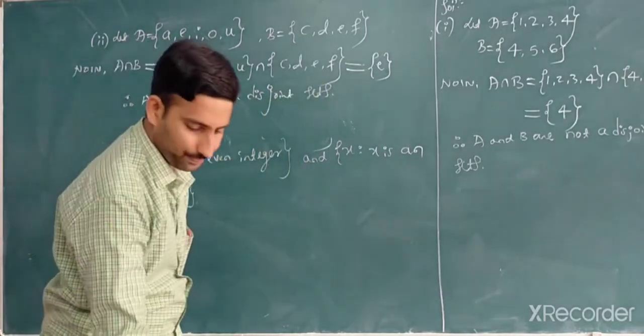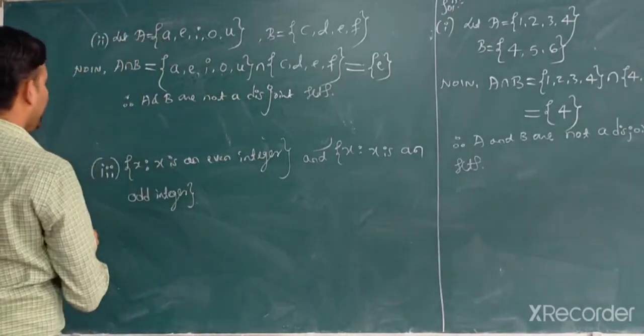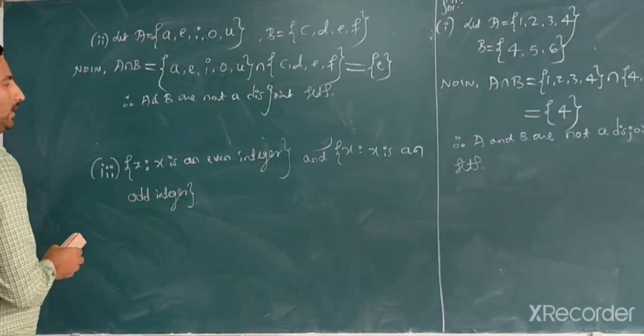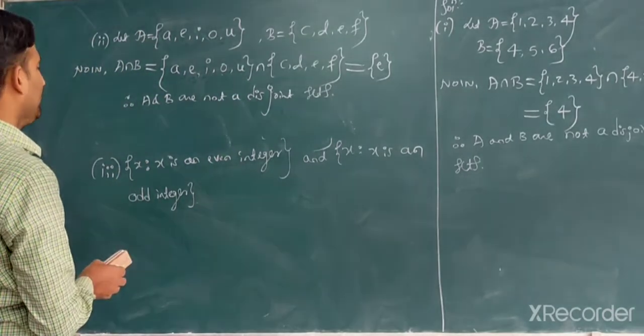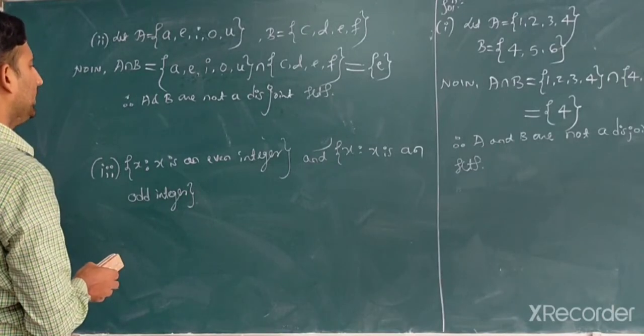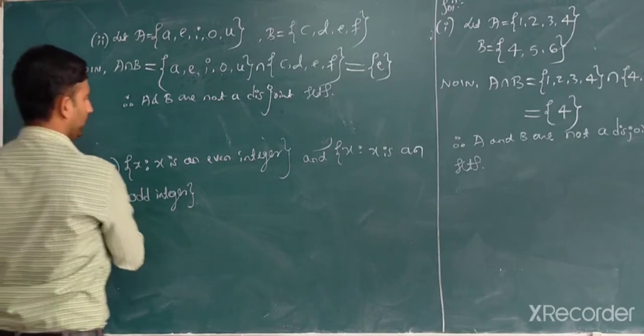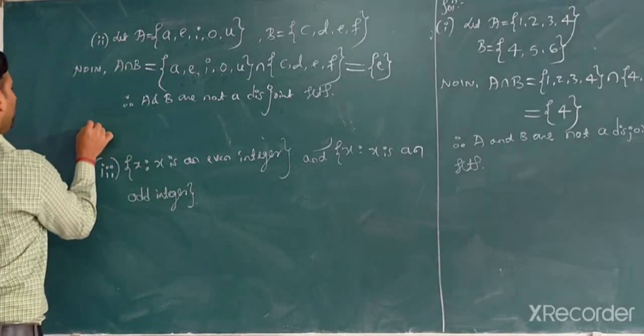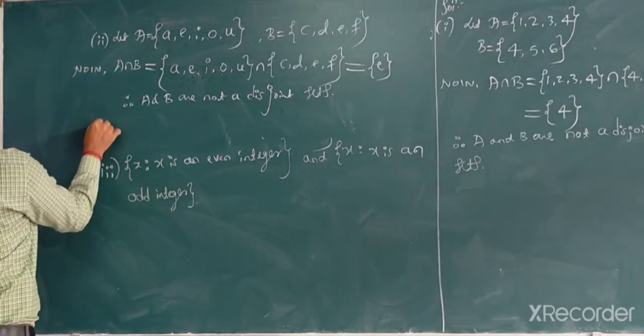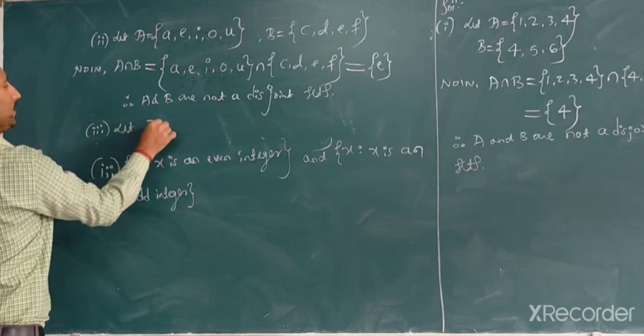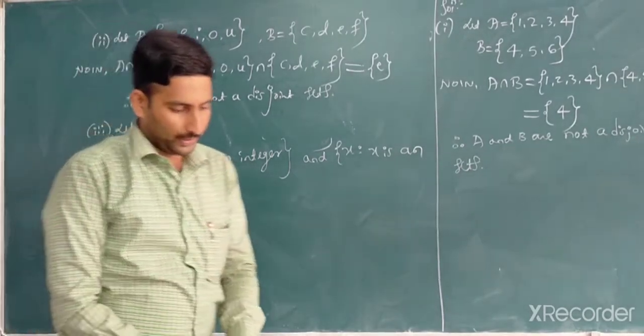After that, third one. A is the set of x such that x is an even integer, and B is the set of x such that x is an odd integer.